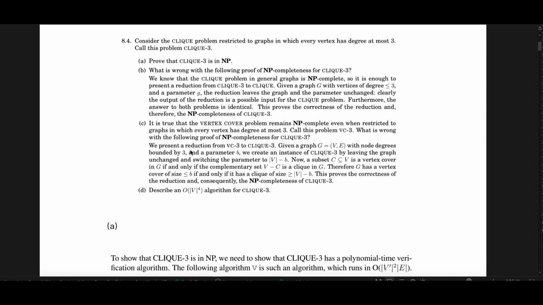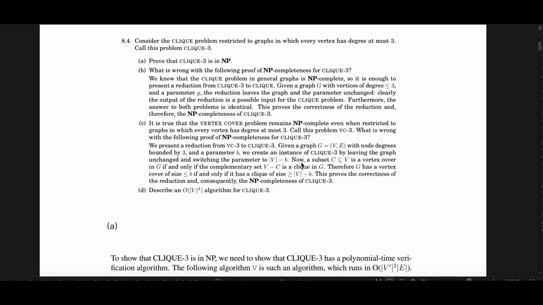We present a reduction from VC-by-3 to Clique-by-3. Given a graph G = (V, E) with degree bounded by 3 and parameter B, we create an instance of Clique-by-3 by leaving the graph unchanged and switching the parameter to |V| minus B.